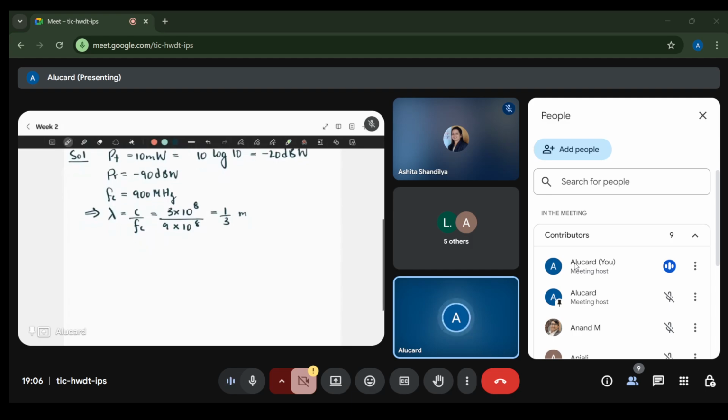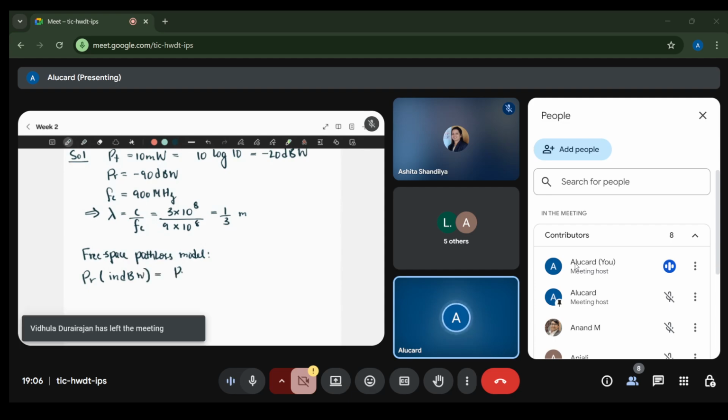Now we have to use the free space path loss model, which says that the P received in dB watts is P transmitted in dB watts minus 20 log 10 of 4 pi d over lambda.